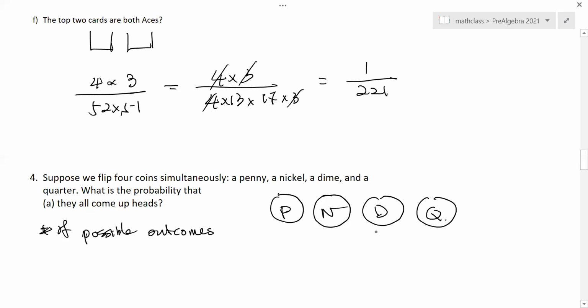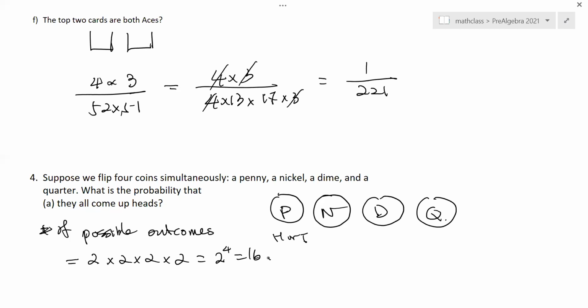There are two possible ways to write each one down: H or T, H or T, H or T, H or T. So each time I have 2 options. So 2 times 2 times 2 times 2, total 2 to the 4th power, which is 16. So I'm going to get 16 possible outcomes.